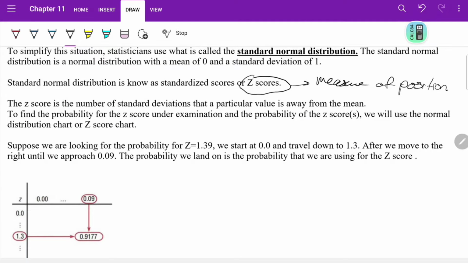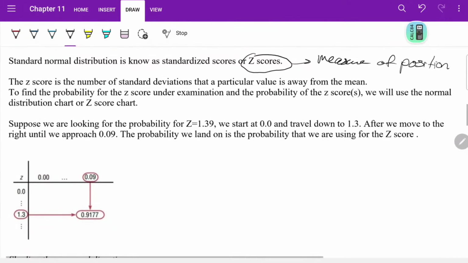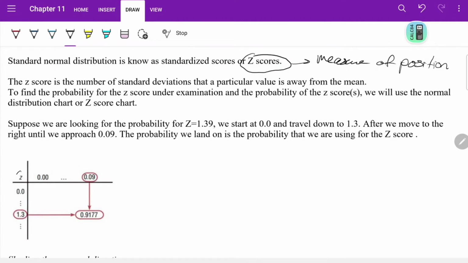Now, suppose we are looking for the probability or the area under the curve for the z-score of 1.39. The way to read this is, because it is positive, start at the top where the z is, and we're going to look at 0.0. Take the first two digits of that z-score, 1.39, so the first two numbers will be 1.3.